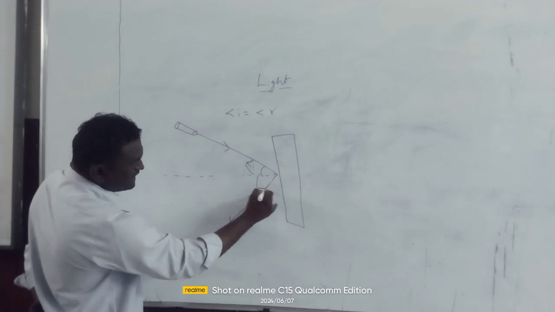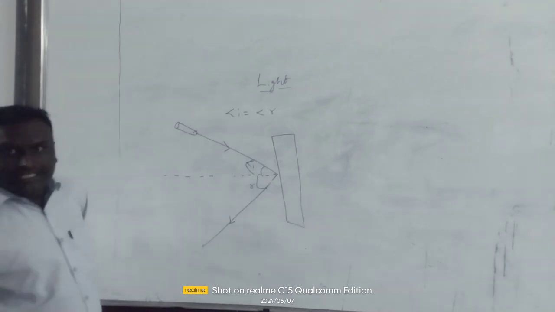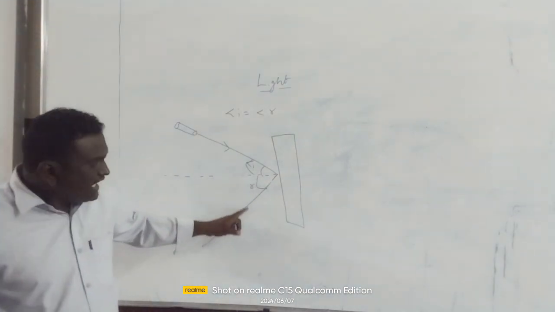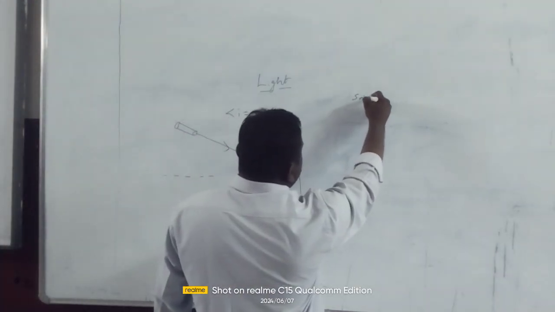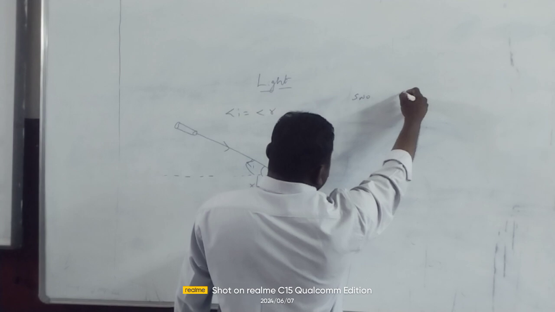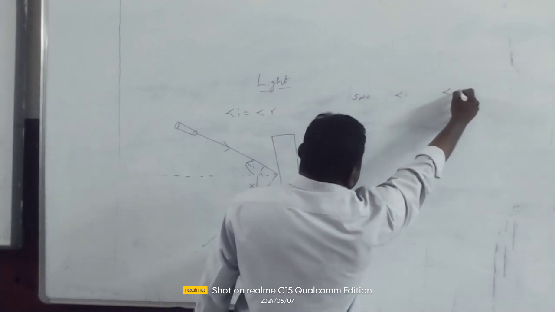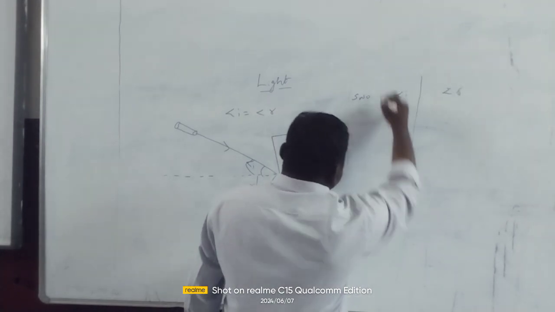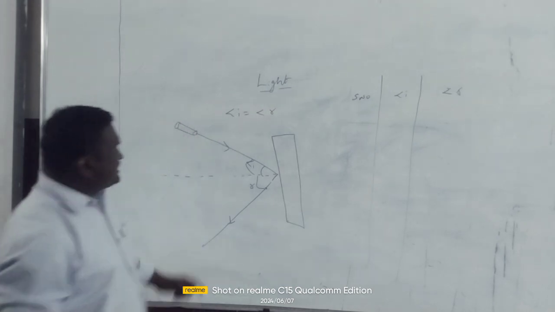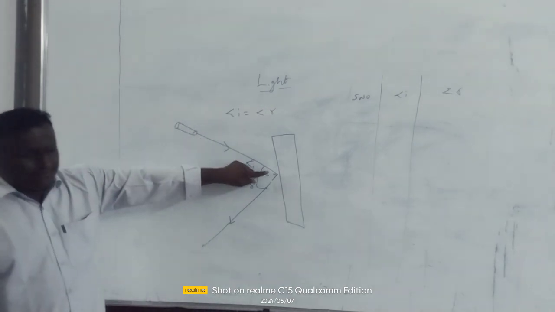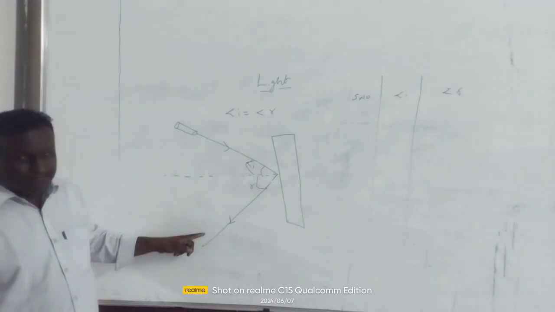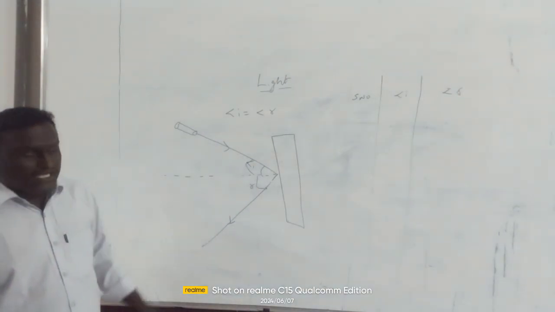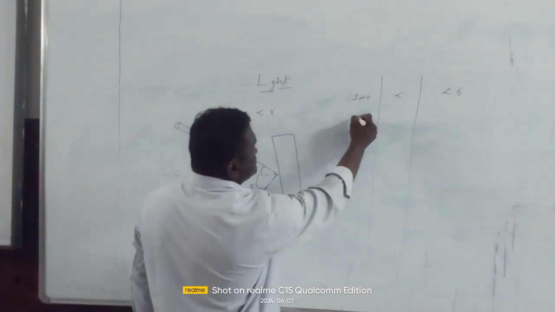Here is angle of I, here is angle of R. Okay, table columns: serial number, angle of I, angle of R. The ray is passing on the paper, and after that it is reflected.